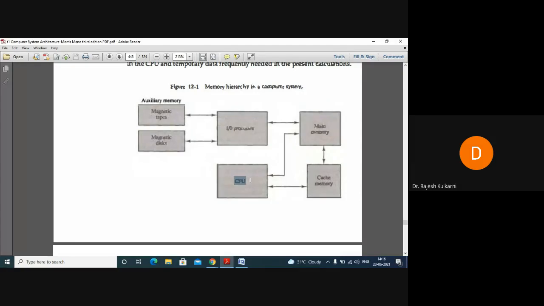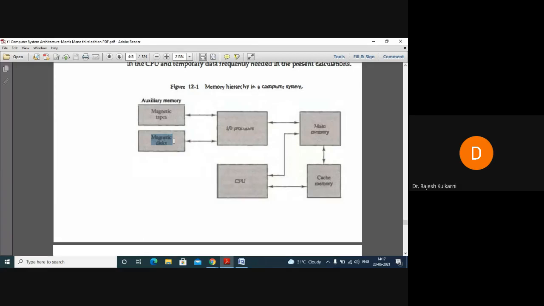As far as the CPU is concerned, you can see in this memory hierarchy diagram that the CPU is surrounded by many memories. Let us look at one memory called magnetic tapes and magnetic disks. Do we know magnetic disks? Yes, we know magnetic disk. Magnetic disk means hard disk, or any other disk like CD or DVD, even a pen drive, your flash memory.